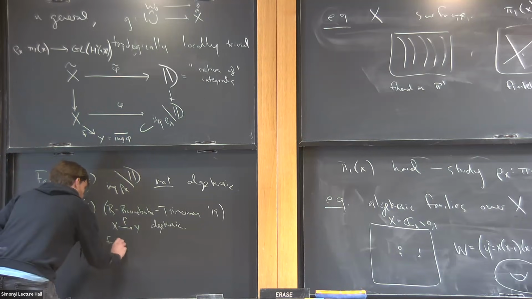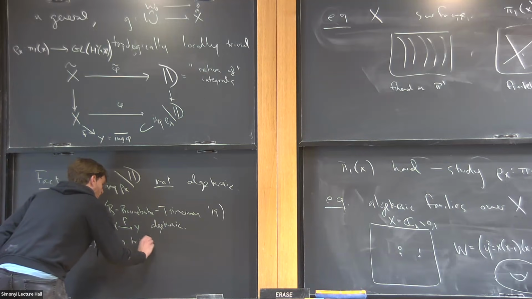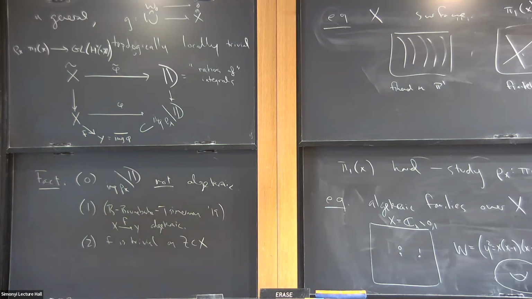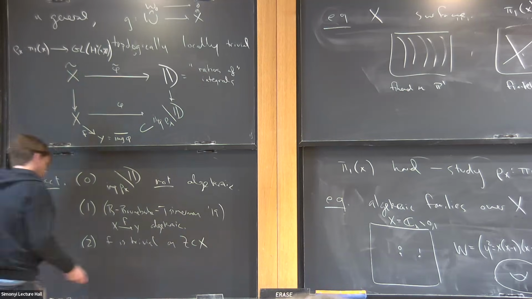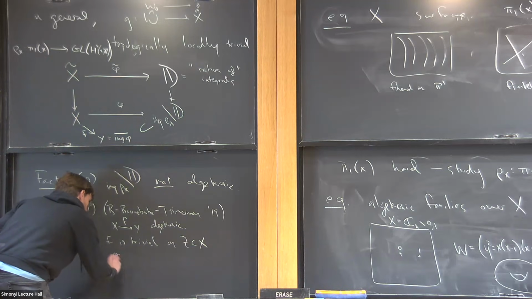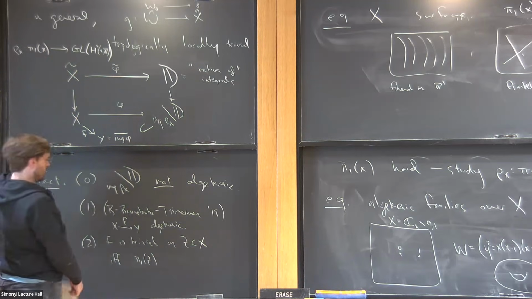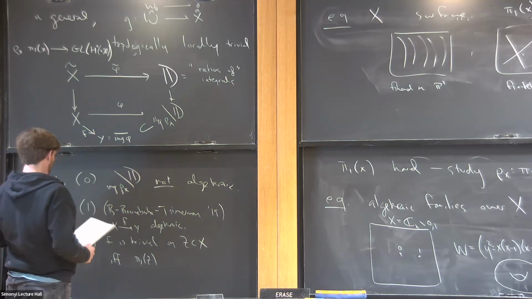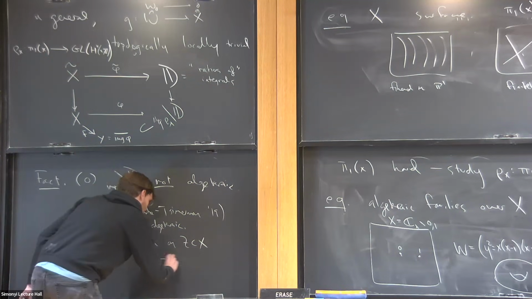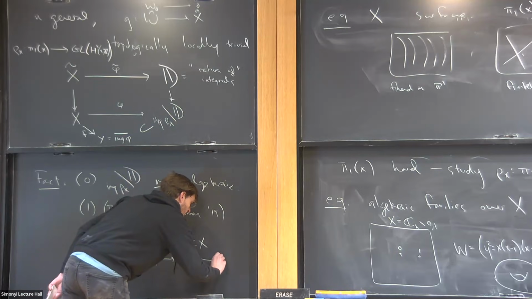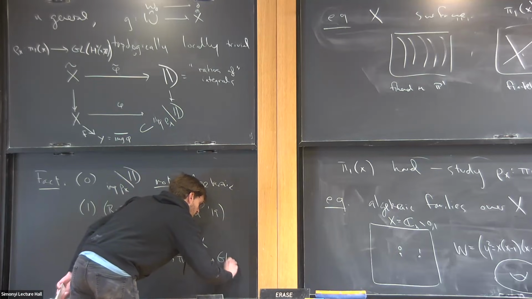F is trivial on a subvariety Z of X if and only if the image of this representation is finite on Z. If and only if, let me just say, the composition pi_1 Z goes to pi_1 X goes to GL is finite.